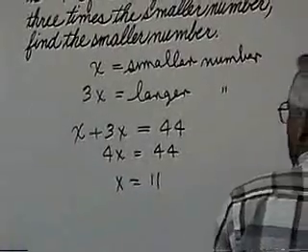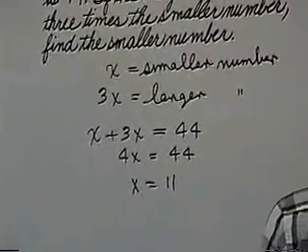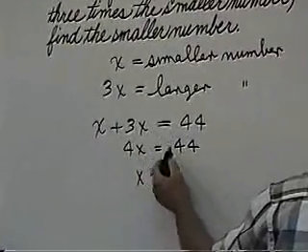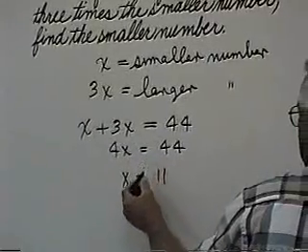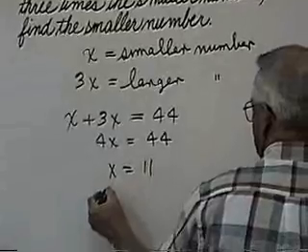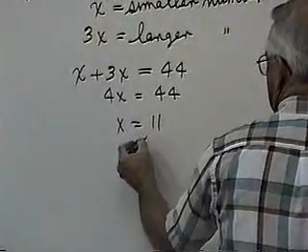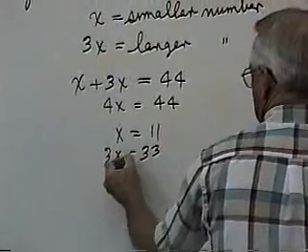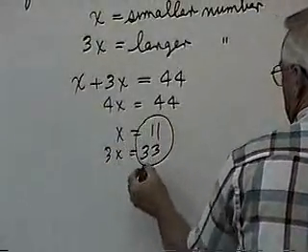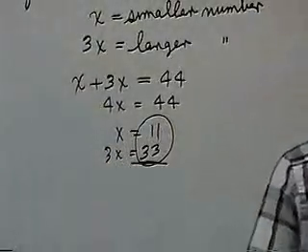Now always keep in mind what you've been reading. The sum of the two numbers is 44. The large one is 3 times the small one, so the large one is 33, or 3x is equal to 33. There are the two numbers. Now what do they add up to? 44.